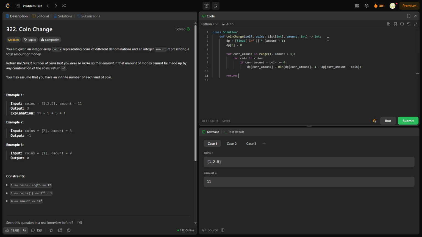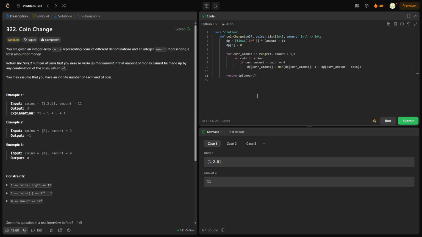If it's infinity, then we want to return -1, right? We're going to say dp of amount. And again, the amount is our last position because, right, if amount's 11, then our array size should be size 12. So dp of 11 should be our last index.